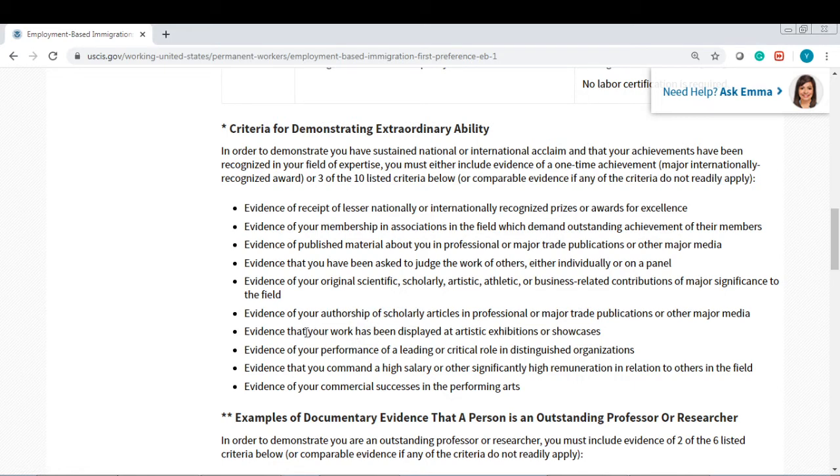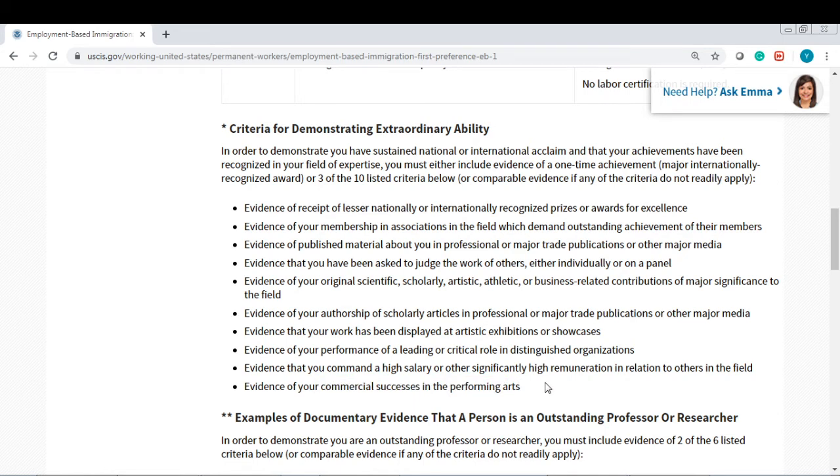Your work has been displayed at artistic exhibitions or showcases. Your performance of a leading or critical role in distinguished organizations. That you command a higher salary in the field. And your commercial success in the performing arts.